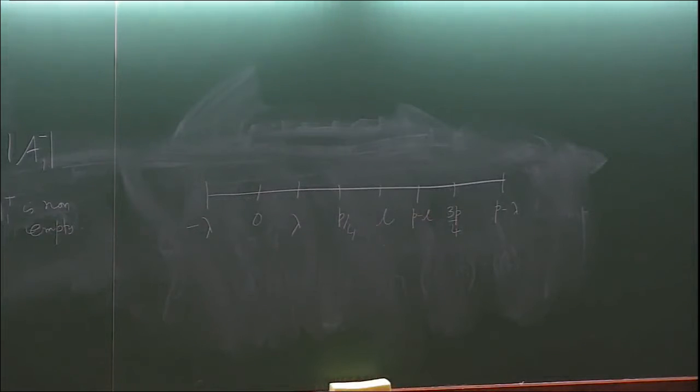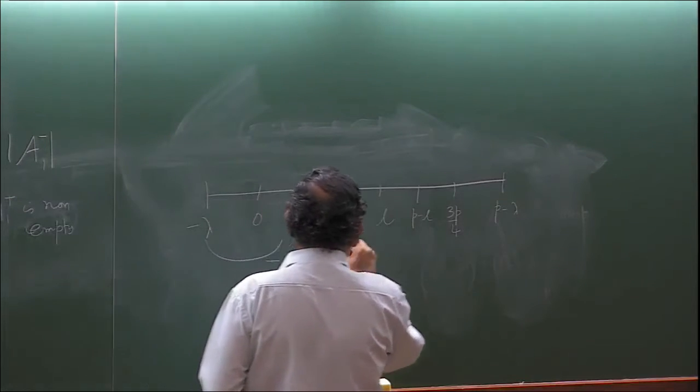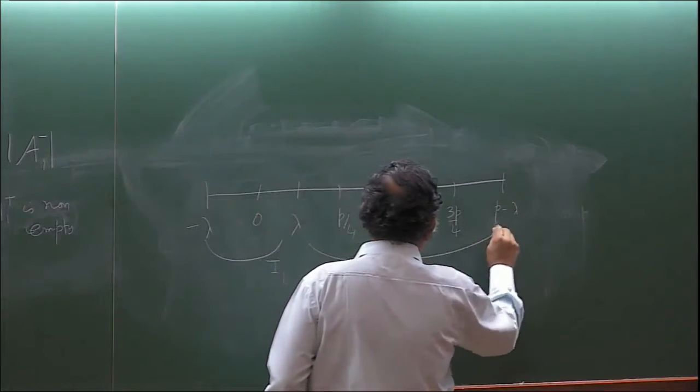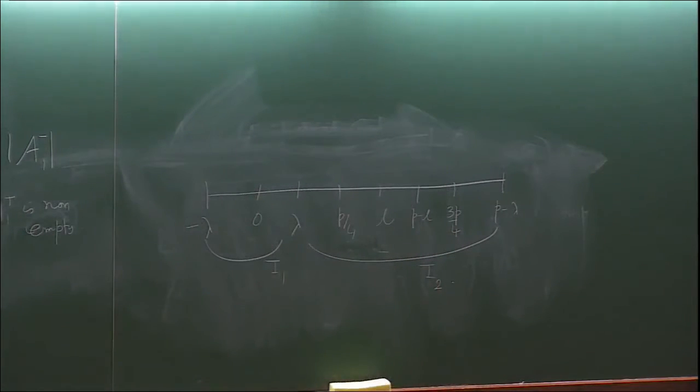I can take any model if you want. And I want to know how many elements of A can be there. Break this into two parts. I will check how many elements of A can be there in I1, and then how many elements of A can be there in I2. And then I will check whether that adds up to n at all, 0.318.